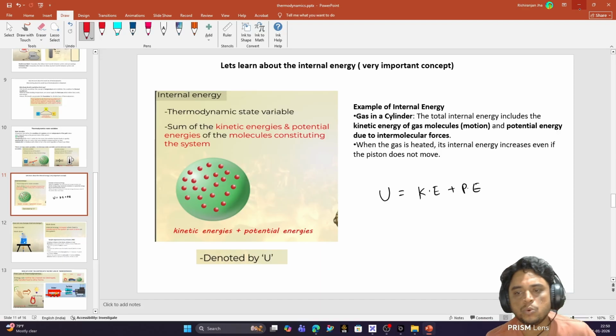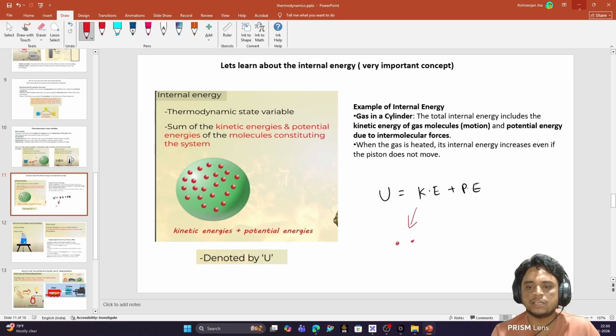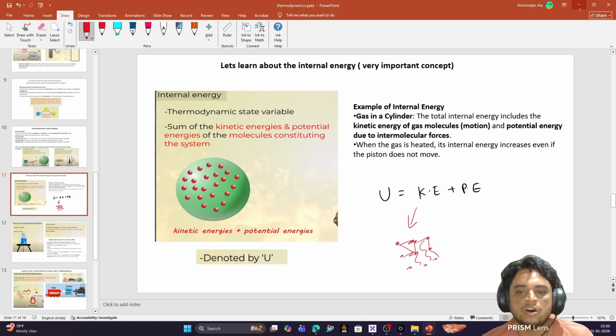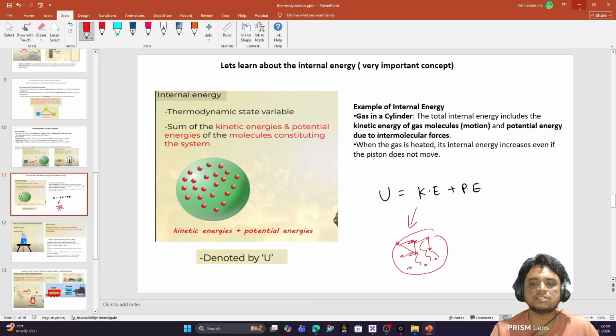In thermodynamic terms, what is kinetic energy? Kinetic energy is the jiggling of the molecules in a system, and the bonds between those molecules are called the potential energy of the system. That total comprises the internal energy. That's what we call internal energy, right?